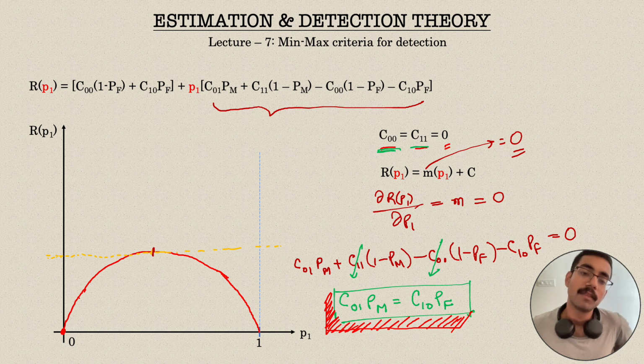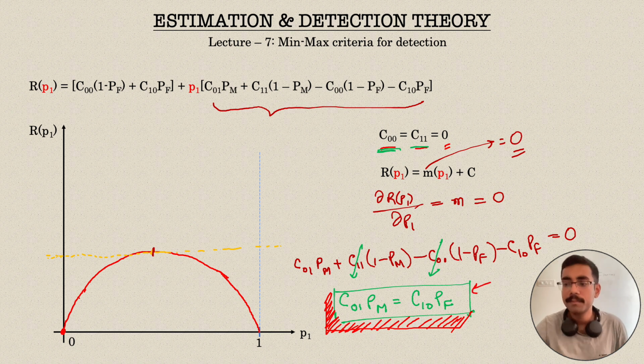Under the assumption that we don't associate any cost with the correct decisions, the curve of Bayes risk in this scenario would always be concave down. We derive that the optimality condition by the min max criteria can be this.